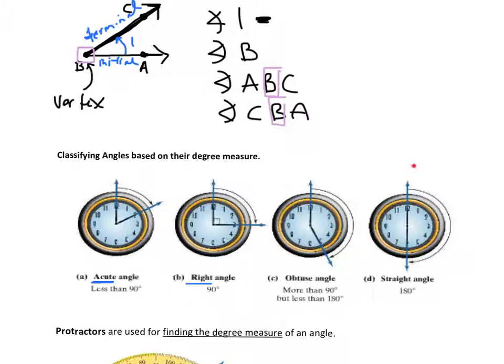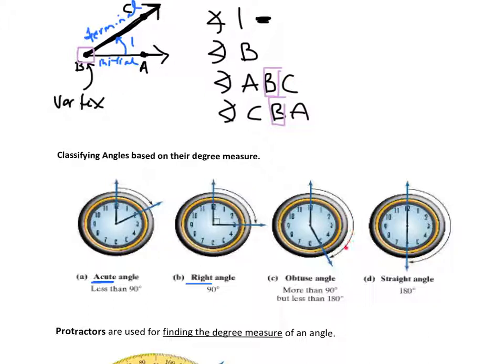A straight angle is literally a straight line, right? If we start here and we go all the way around, it rotates, we actually get 180 degrees. And an obtuse angle is anything more than 90 degrees, so 90 degrees would be an L, so it's definitely more than the L, right?